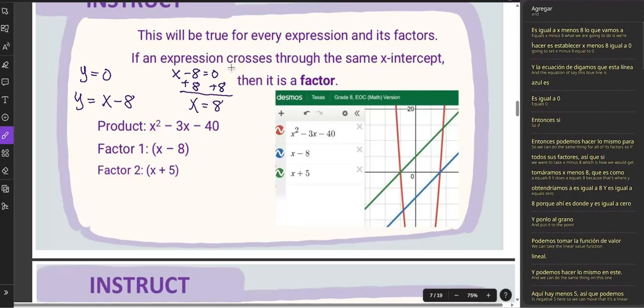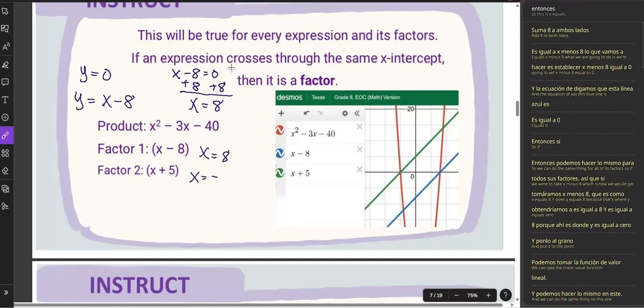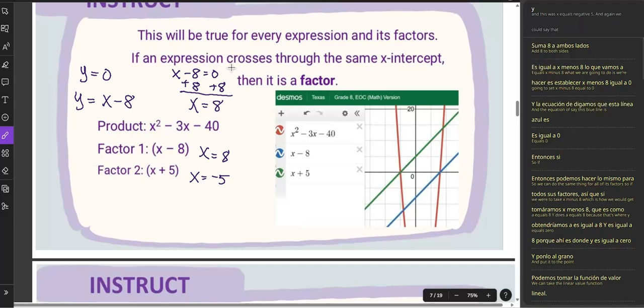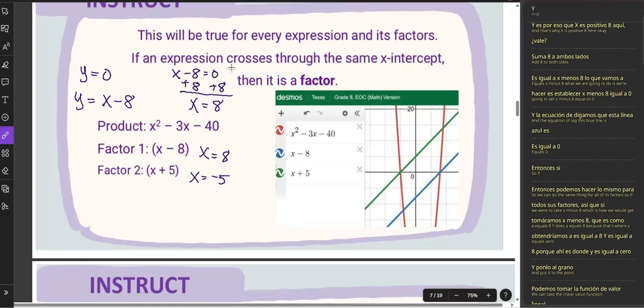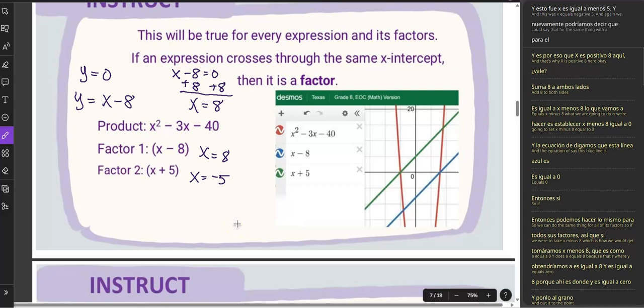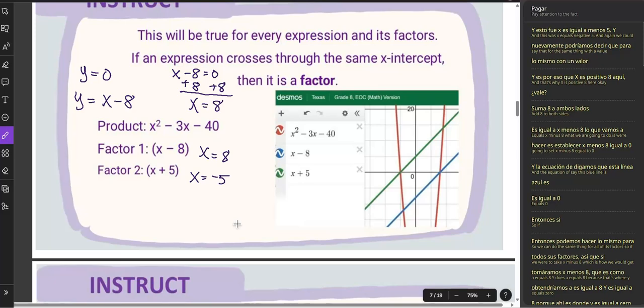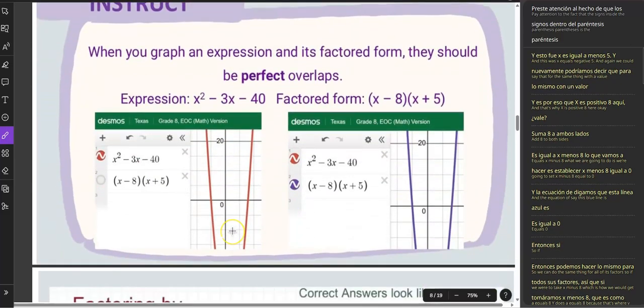So this is x equals 8, and this was x equals -5. Again, we could say the same thing with the a value. Pay attention to the fact that the sign inside the parentheses is the opposite of what the actual zero is.